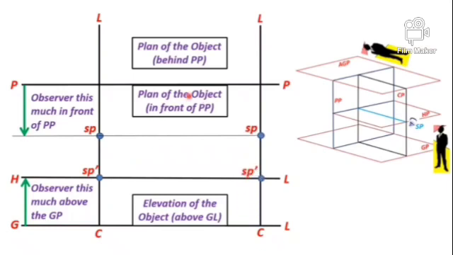If the observer is on the right side of the object, then you can find the station point's top view here and the station point's front view here. If it is right in front of the object, then you can draw the central line here, and you will get the station point's top view here.